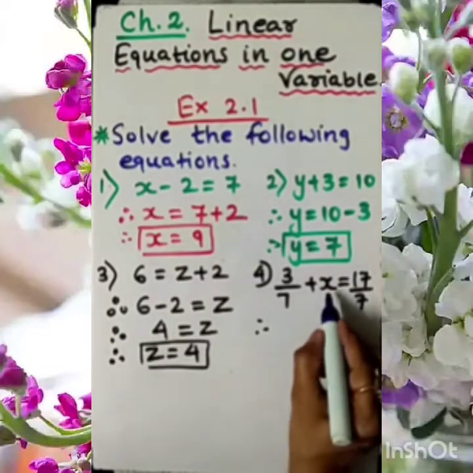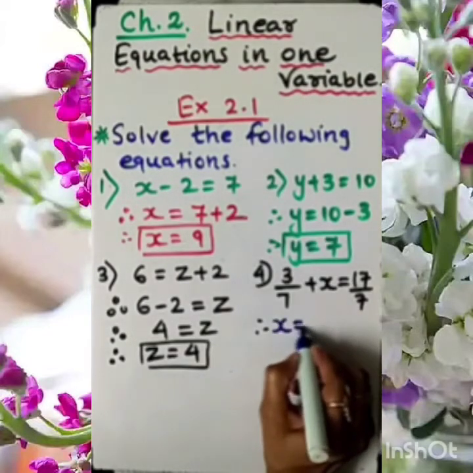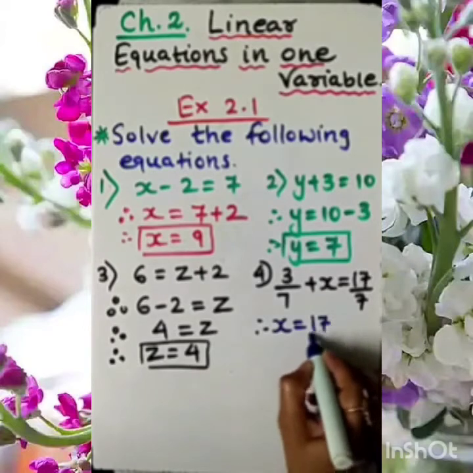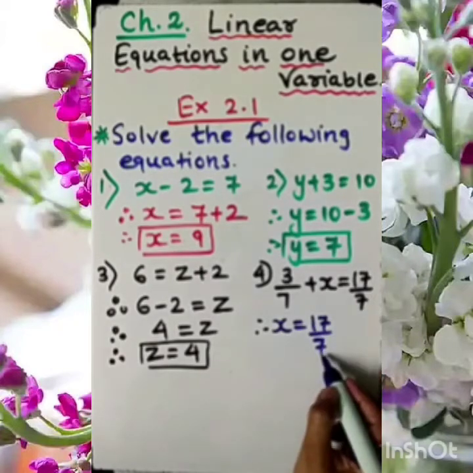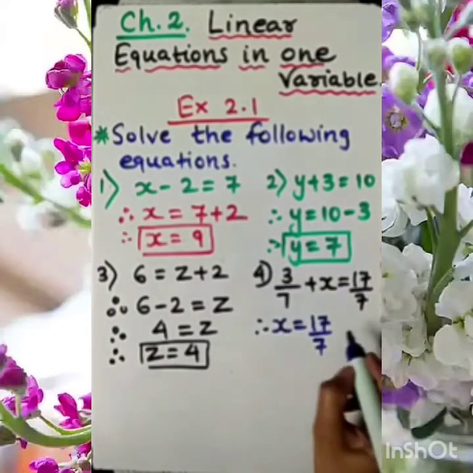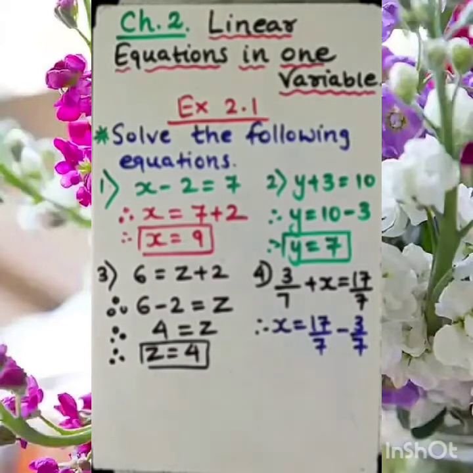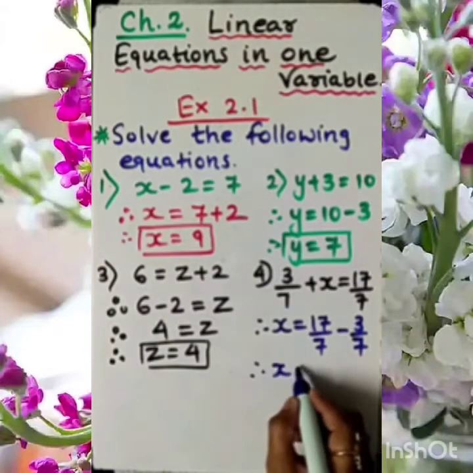So let x be as it is. Now 17 by 7 is already on the right side. I am transposing this 3 by 7 to the right side, so it will become minus 3 by 7. Got it? Therefore, the value of x.